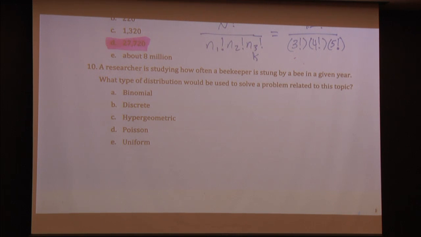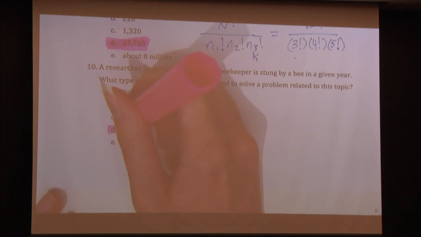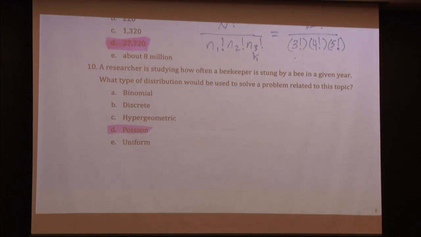So I heard, would you say B or D? D, so the Poisson. So, can anyone explain why it's the Poisson distribution? No, you disagree?